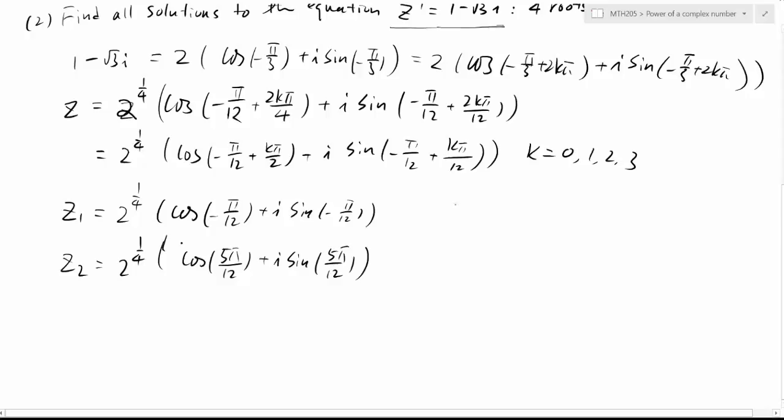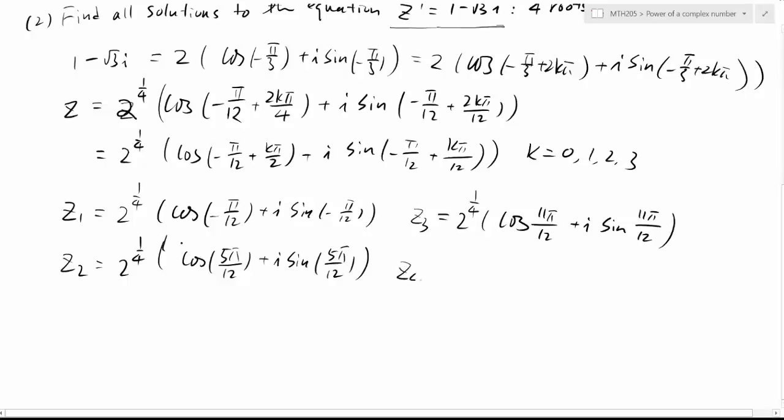And we can find the third one, z3, when you add pi, and then we have 2 to the 1/4. It's still the same modulus, and then we have cosine of negative pi over 12 plus pi. That would give us 11 pi over 12, and then plus i sine 11 pi over 12. And notice that this value is still within negative pi and pi, so this is fine. This is the principal value.